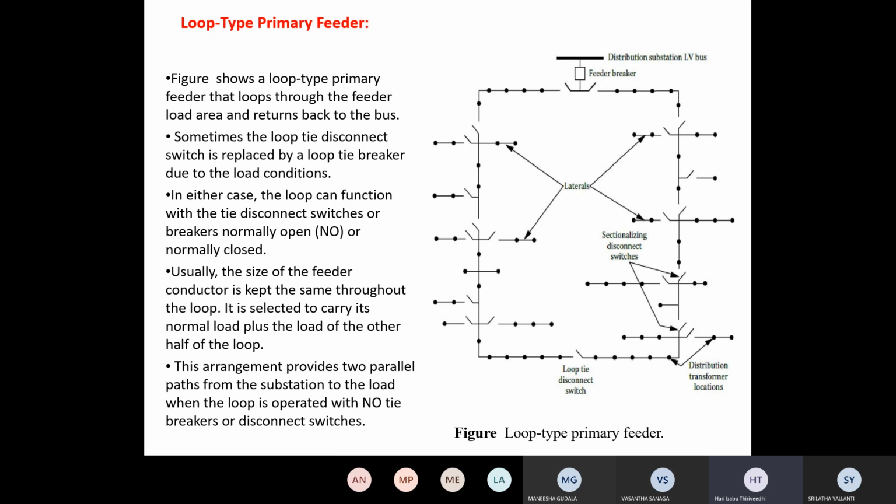The loop type primary feeder arrangement provides high reliability and high security of service. That is the most important one.